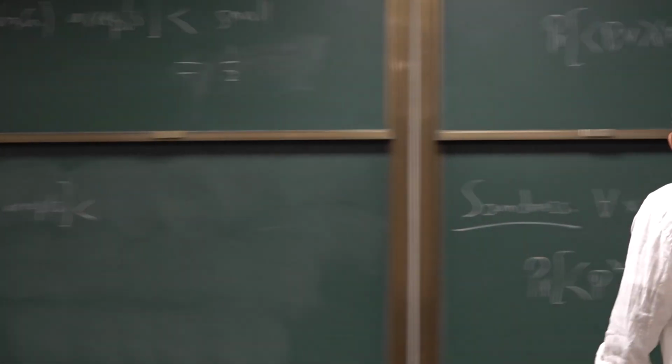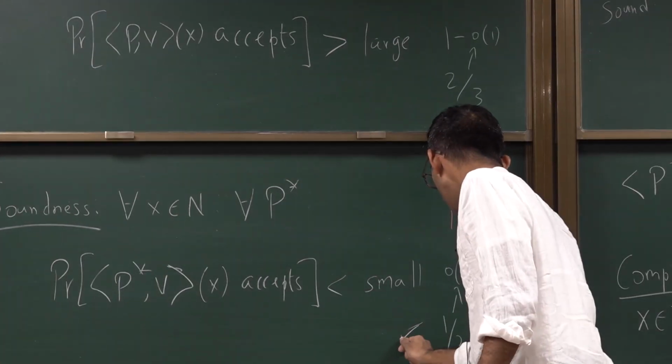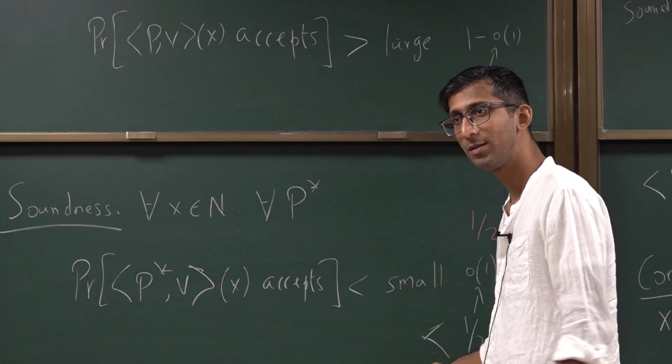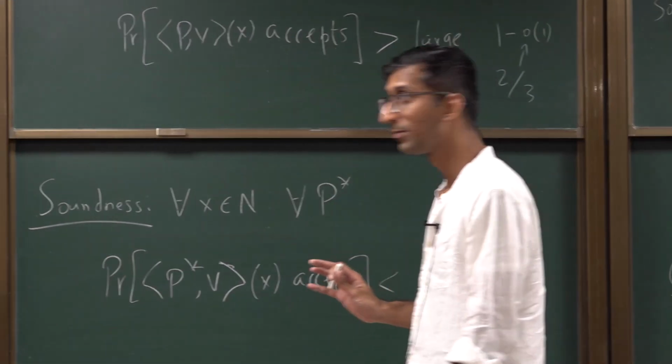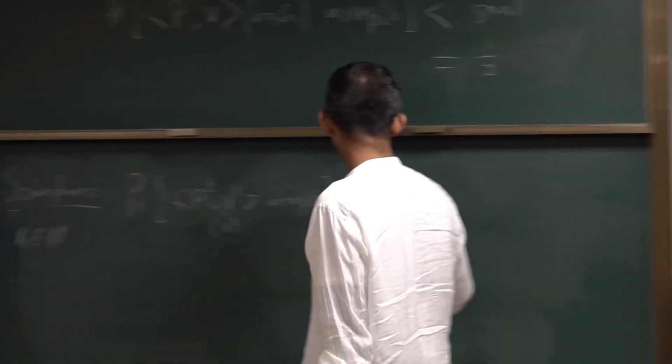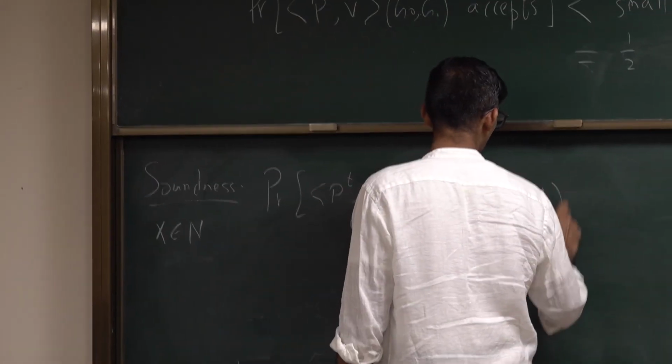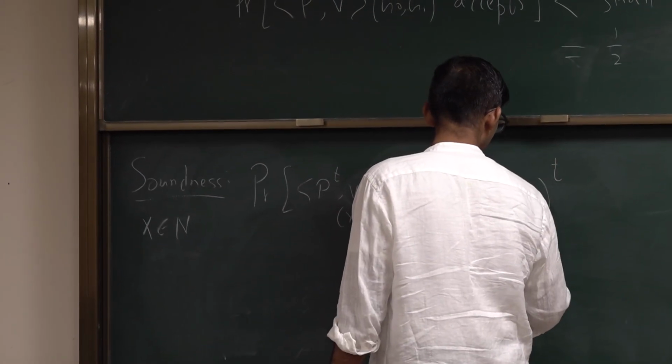We are starting with this being less than 1/3. We don't know exactly what the number is, but you know it's less than 1/3. So this is less than (1/3)^t, right? And why is it less than (1/3)^t?